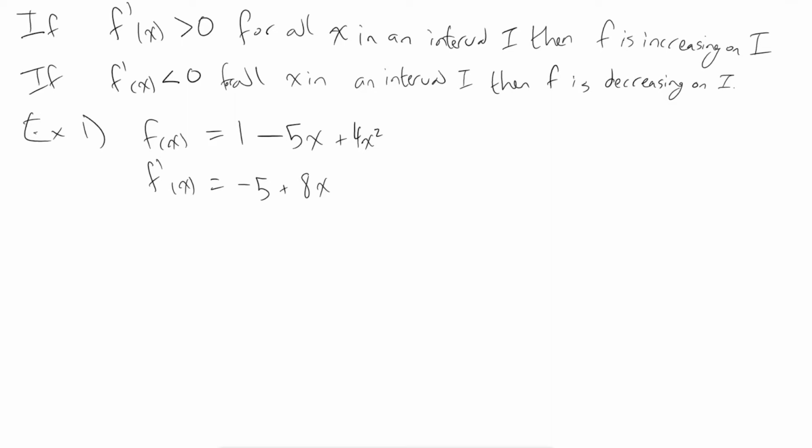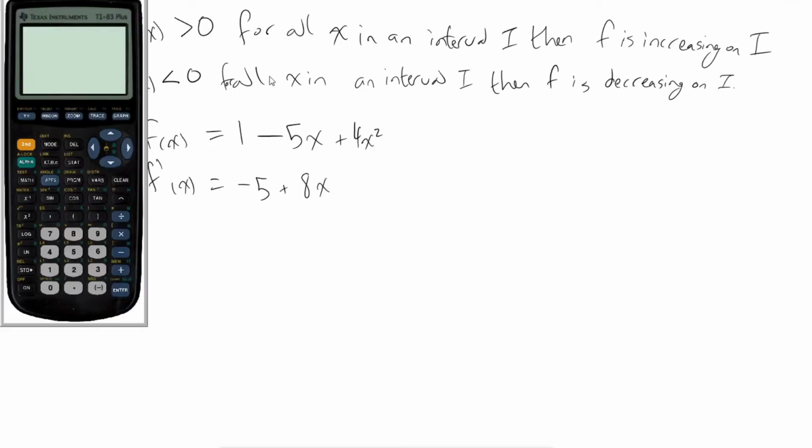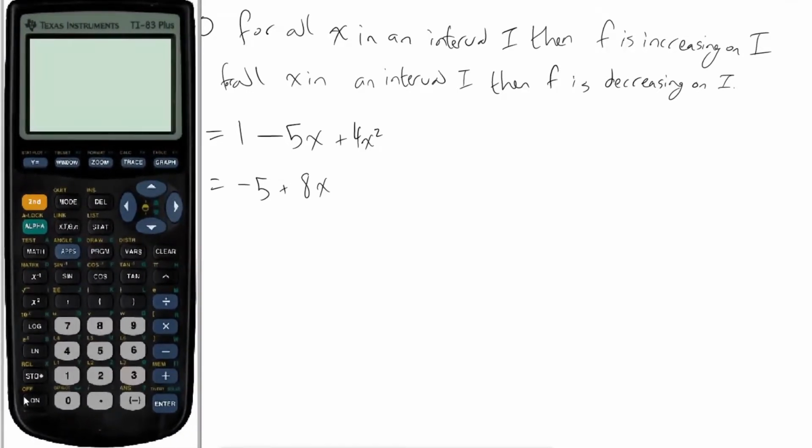So let's take a look at these two graphs, just to make it maybe a little easier. Bring up my graphing calculator there. Make it a little bigger for you folks. I will first put in 1 minus 5x plus 4x squared.